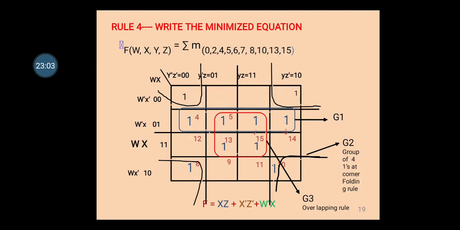When you are checking the columns, you check y and z. For y, first it is 0, then next y is again 0, so that is the same. But in the next column y is 1, and in the next column y is again 1. So first it was 0, that was constant, but then it changed. Changes are not allowed. If any variable is changing, you cannot take that.